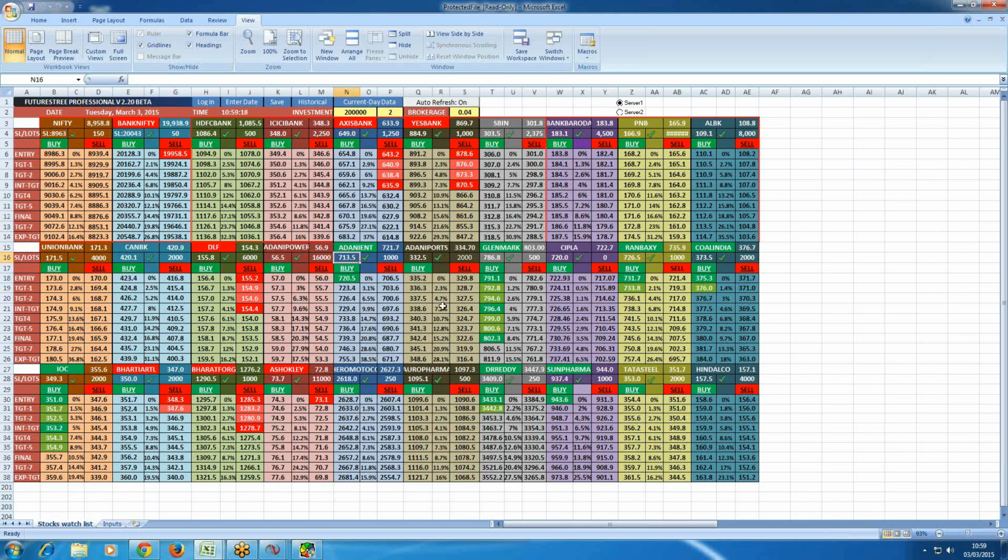Adani Enterprises stop loss is 713.50. 738 is the intermediate target. You can see that 731 was the entry, so that's roughly around 7 rupees, let's say, if it makes its intermediate target. Then you multiply it with your lot size, and you will get the profits.